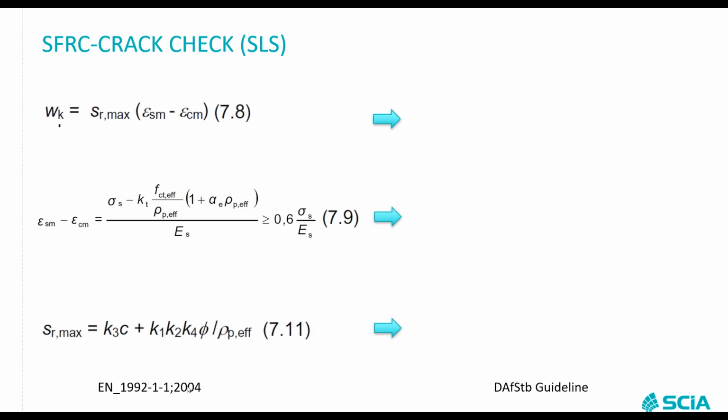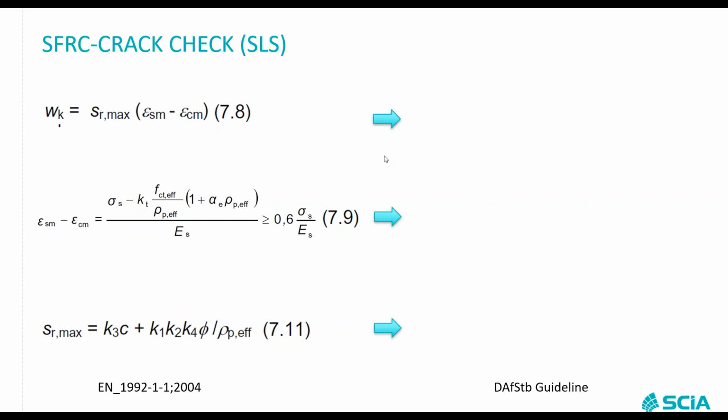And here in the Eurocode, if you would like to design a structure and take into account the calculation of the cracks, then the Eurocode indicates 7.8, 7.9, 7.10, I think also 7.11. This is the way we calculate the cracks in the Eurocode. So the crack size is obtained from the multiplication of the spacing between the cracks by this strain.